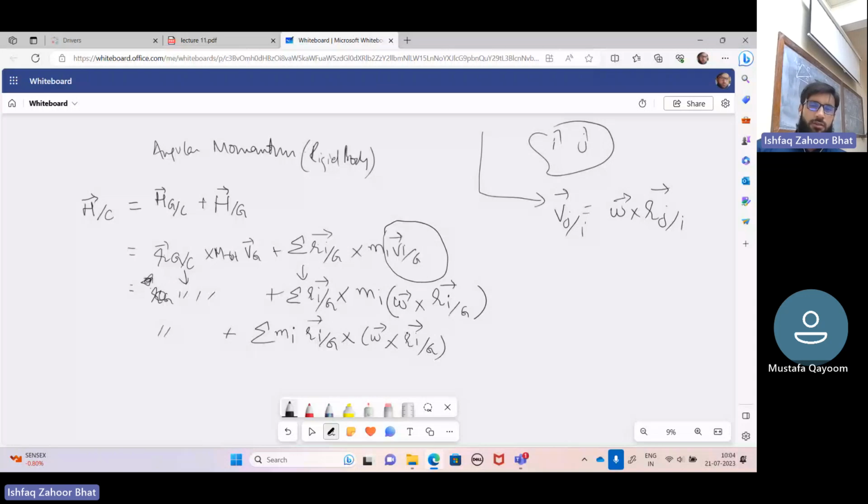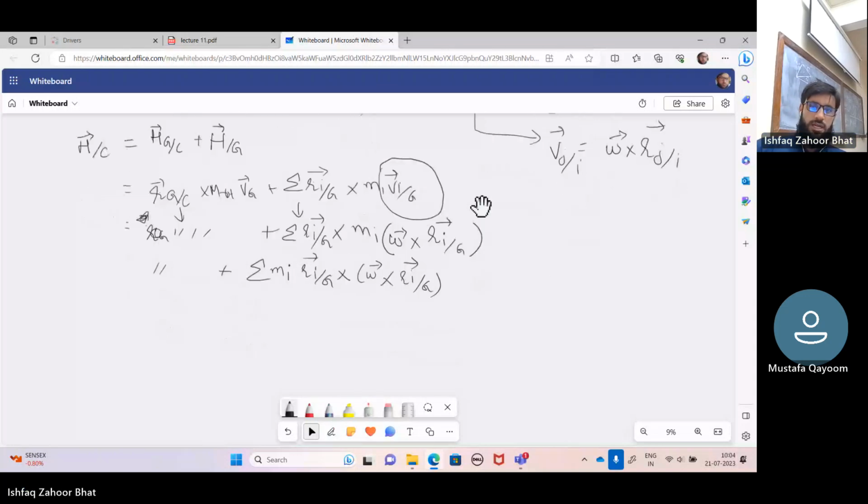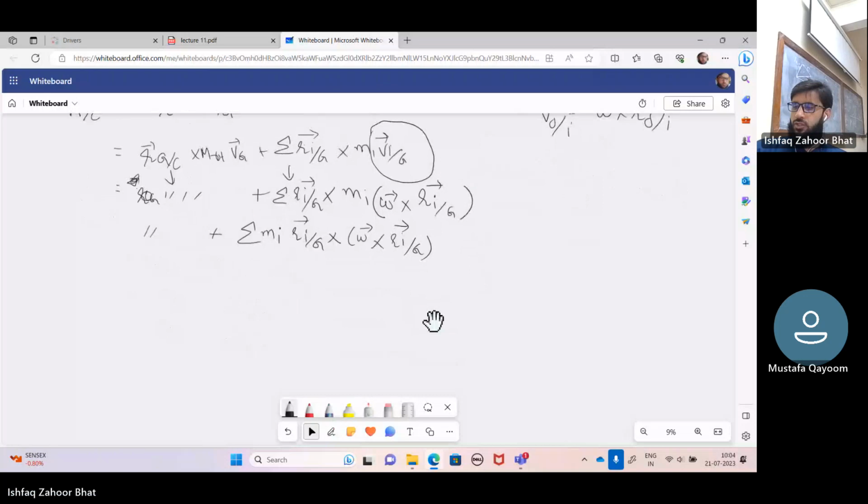We have a formula for this, and I will show you a way to remember it forever. If you have little intelligence, it doesn't need something big. If you have A cross B cross C, it is nothing but this.